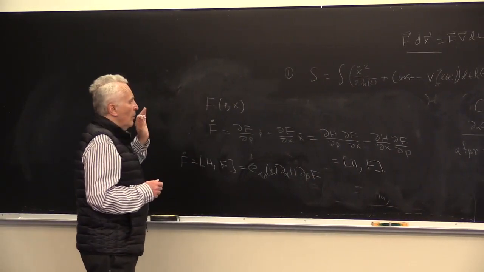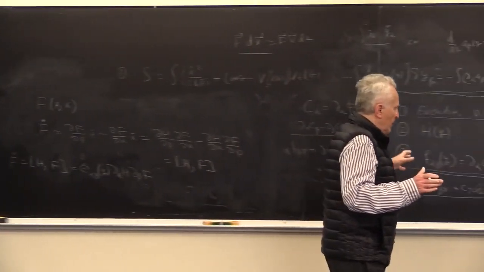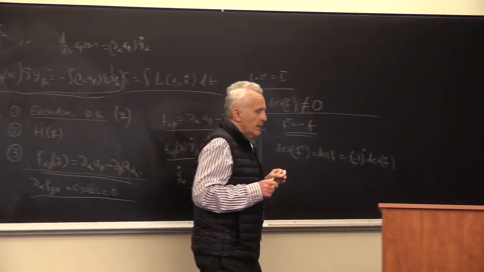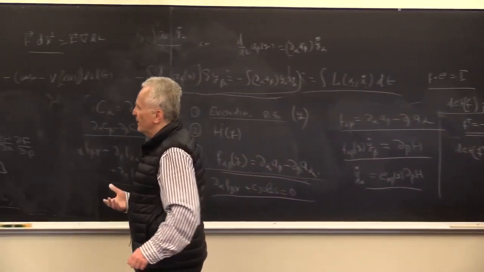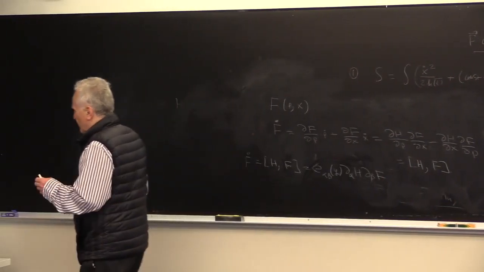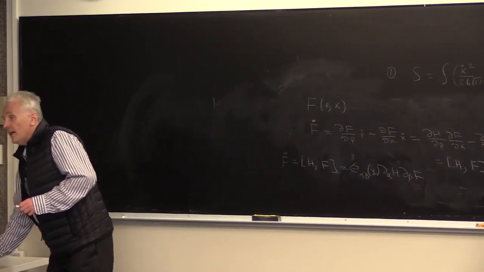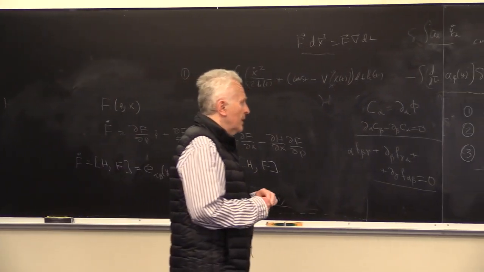The Poisson brackets, as we will see in a moment, are very closely related to commutators. It's a classical version of commutators.